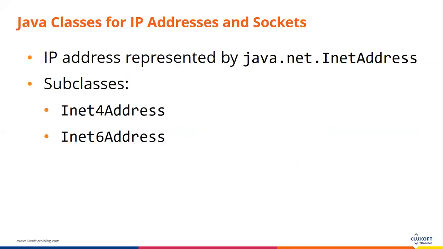So looking at the Java classes that represent IP addresses and sockets. There is a Java base class called java.net.InetAddress. This is the base class, and it has two subclasses, Inet4Address and Inet6Address, corresponding to the two versions of the IP protocol that we have introduced, IPv4 and IPv6.